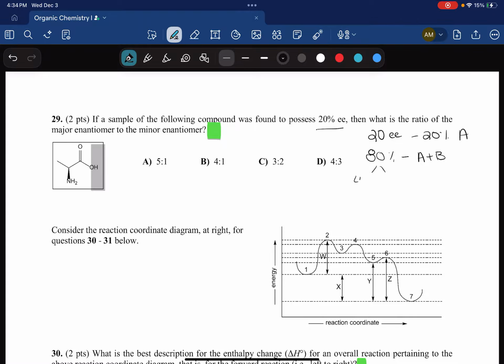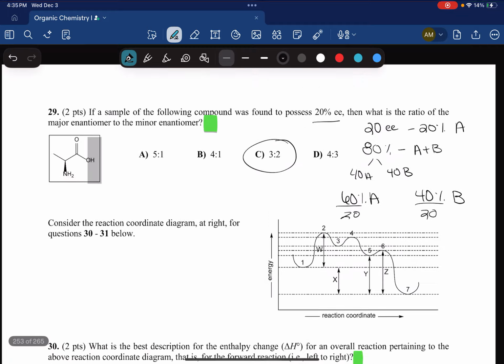Which essentially means 40% A, 40% B, which really gives you 60% A because you add them together, and then 40% B. And then you reduce that. Let's go ahead and do all of our math. Reduce that by 20 to get rid of the zeros. Then you get a 3-to-2 ratio. Okay.